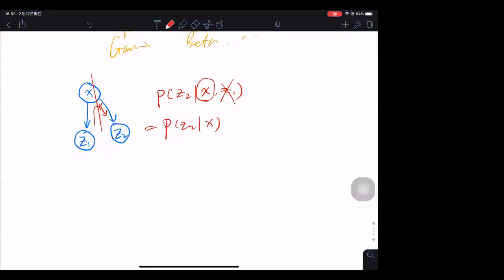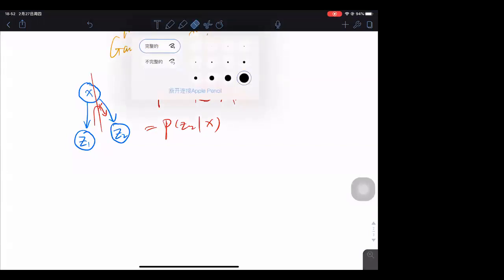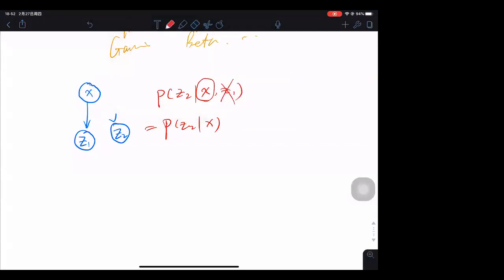This is our previous problem, and we had Z1 and Z2. And now you're telling me you have not only Z1, Z2, but Z3, up to Zn. So the graph just looks like this.